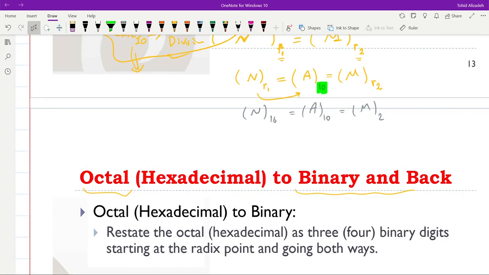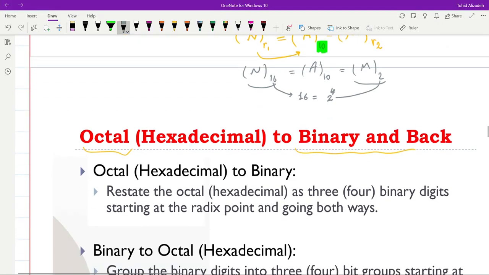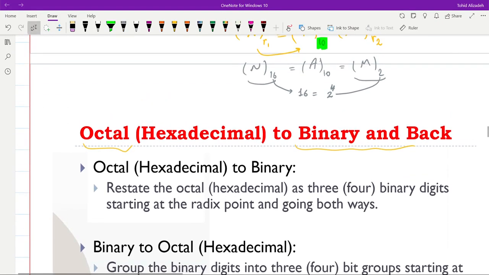For example, when we want to convert from base 16 to base 2, since 16 is equal to 2 to the power of 4, there's a direct relation between these two numbers. And it makes it easier to do the conversion.